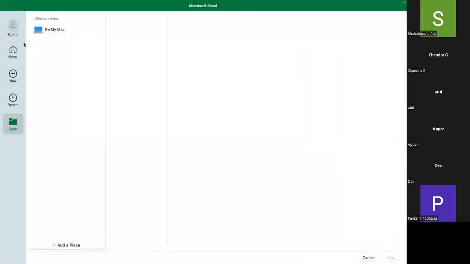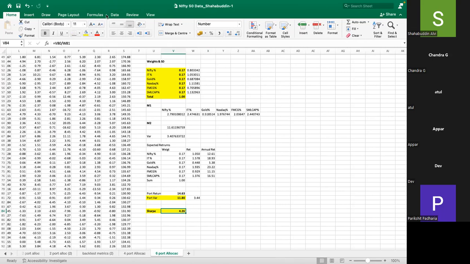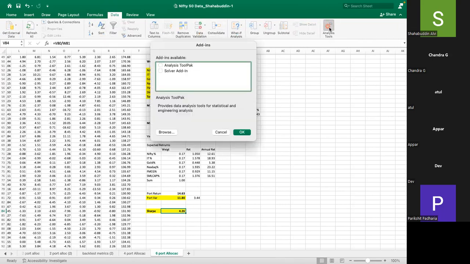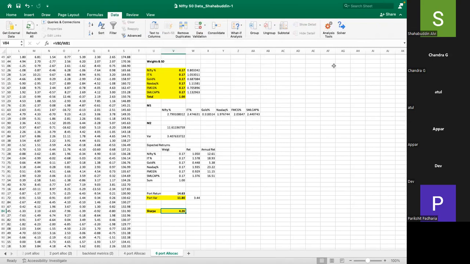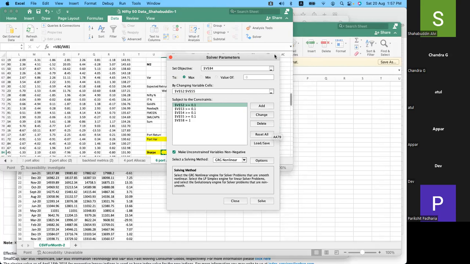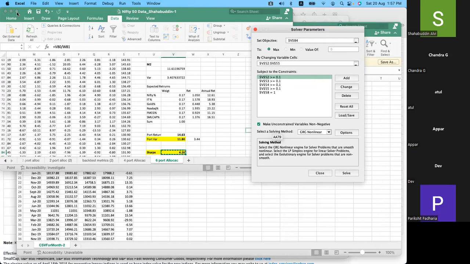So for solving, I need Solver, right? Do I have that? No, I don't. Okay. Solver. Solve what?